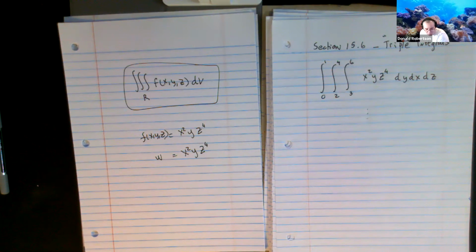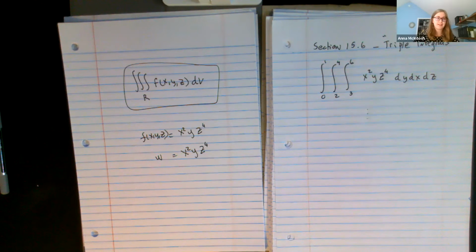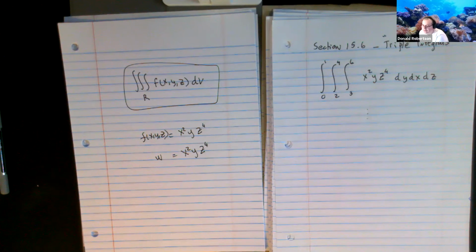Does anybody know what a dodecahedron is? Isn't it a 12-sided figure? So it'd be a 12th dimensional variable. You could imagine that there's no limit, really. Once you figure out how to do double integrals, can't you just extend it to three?